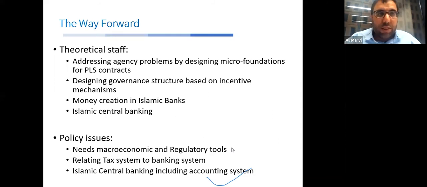And there is no rule in the accounting system to decrease the informational asymmetries between different parties in the PLS contract. So I think the other policy issue for these countries is to use a type of accounting system that is more compatible with the operational procedures of Islamic banks.